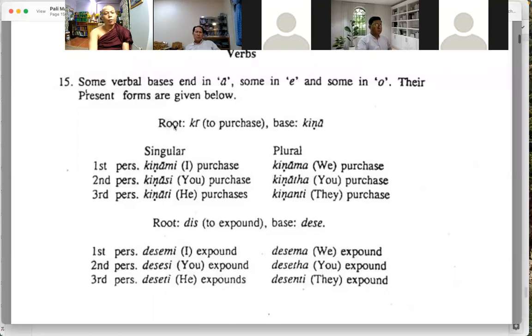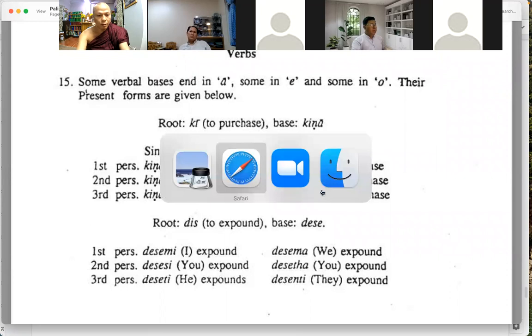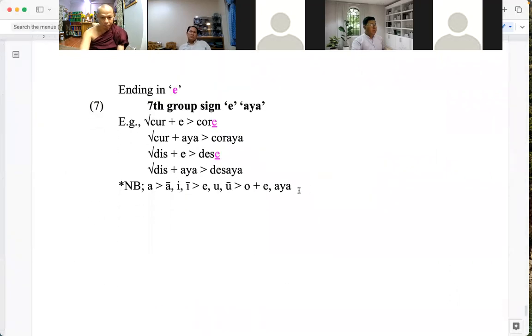So here the root ki. Their present forms are given below. Okay, present verb. So root ki means to purchase or to buy. But the base is kina. Root is ki, to buy or to purchase.